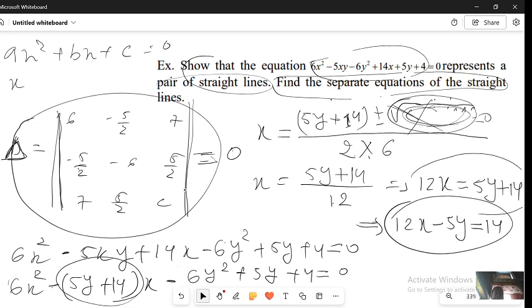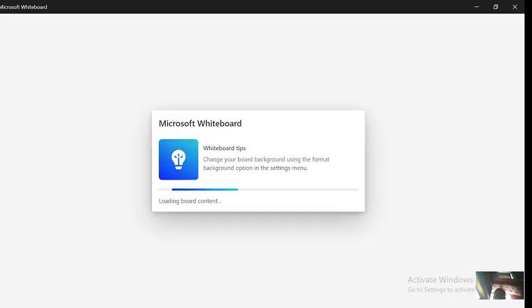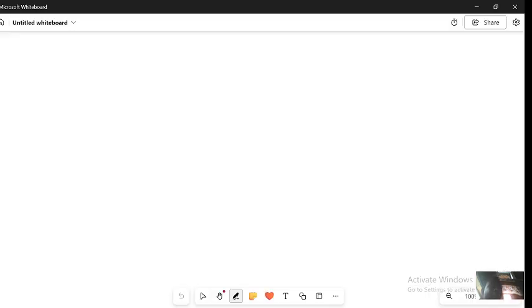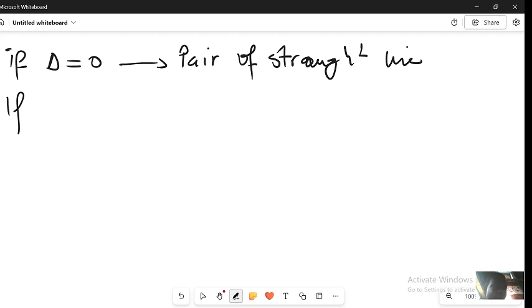So that I can find the value of x. Now, let's see if the delta is not equal to 0. As we see, if delta equals 0, we already know it is a pair of straight lines. But if delta is different from 0, now we'll check.